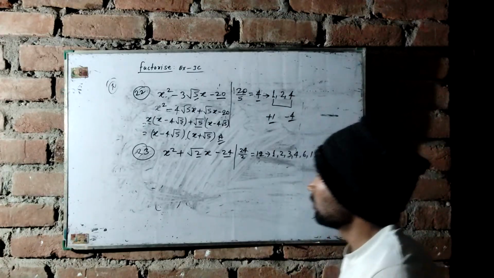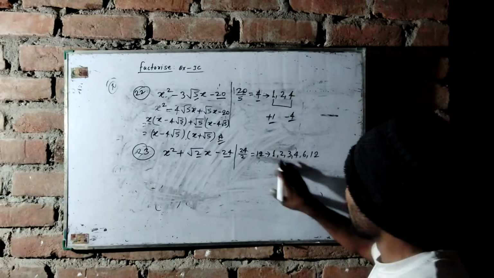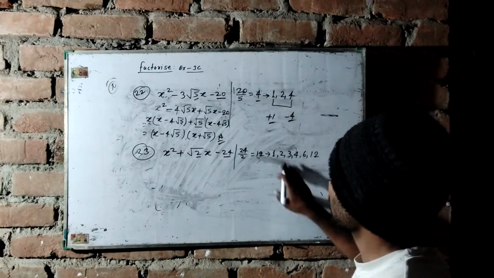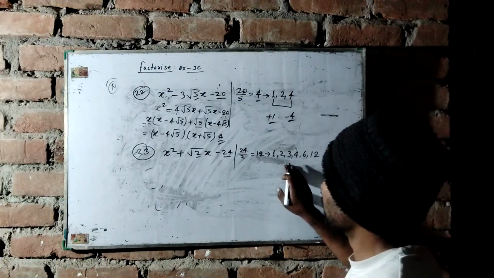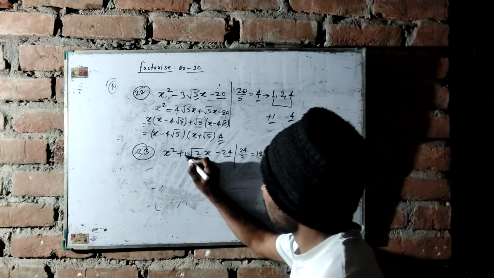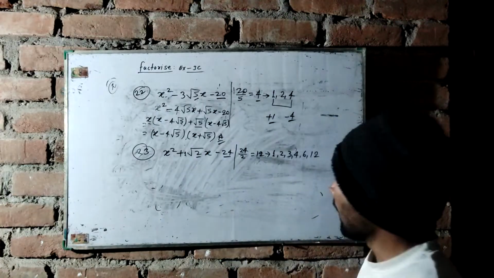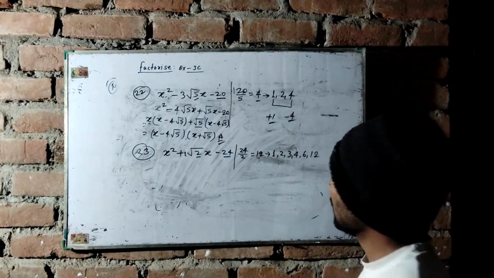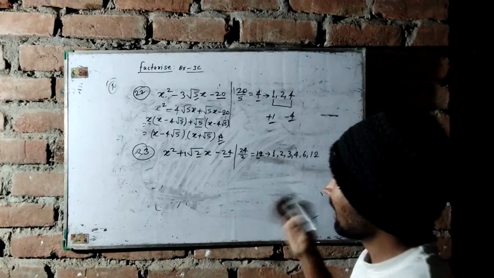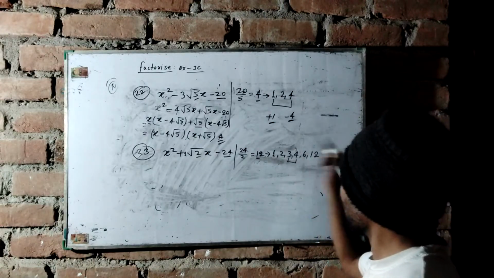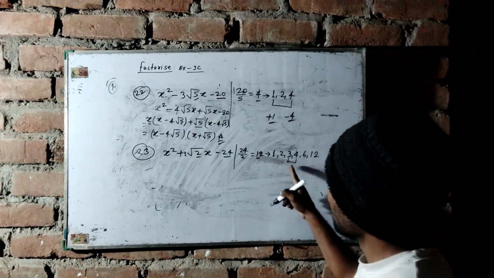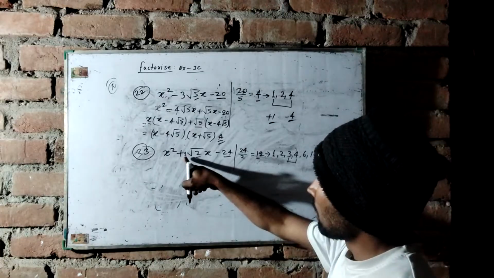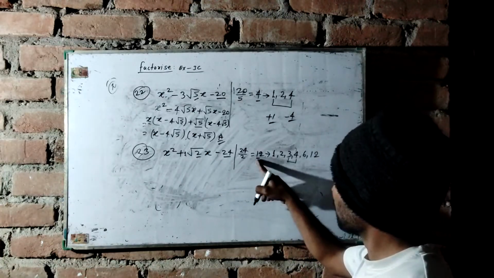Now we have to choose two numbers from here whose difference will be 1 and their product will be 12. So we consider two numbers 3 and 4. Their difference will be 1 and their product will be 12.